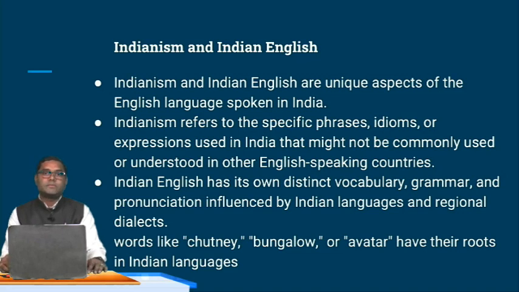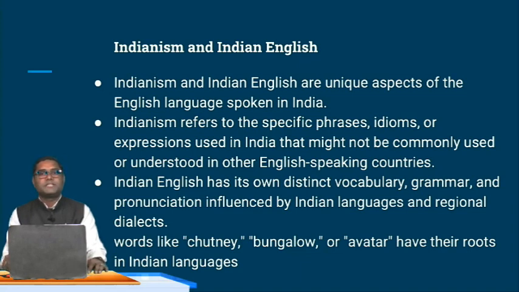So Indianism and Indian English are unique aspects of English language which is spoken in India. So Indianism refers to phrases, items or expressions used in India that might not be commonly used or understood in other English speaking countries, means particularly those phrases or those words we use in India.